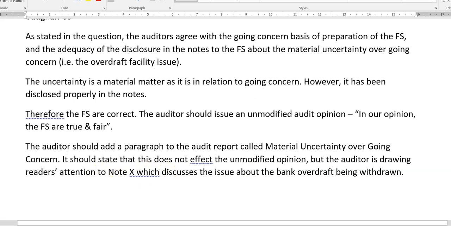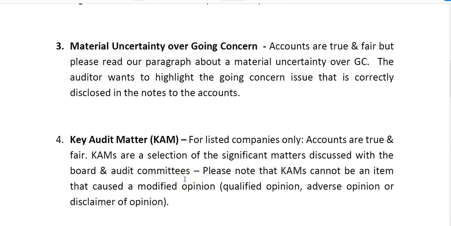And that's it. The fourth type of other kind of paragraph that can be put into a non-modified audit report is a key audit matter for listed companies only, and they're a selection of the significant matters discussed with the board, and they're the matters where probably the auditor has identified the greatest possible risk of misstatement, and therefore they're the ones where the most resources were expended on during the audit.